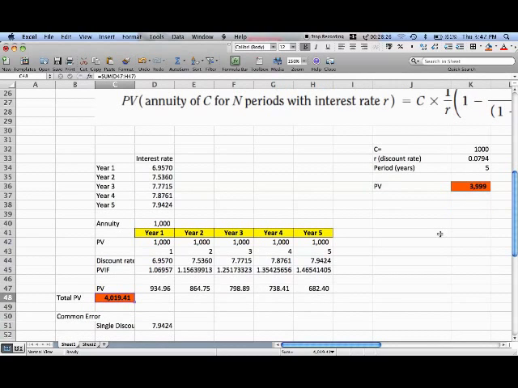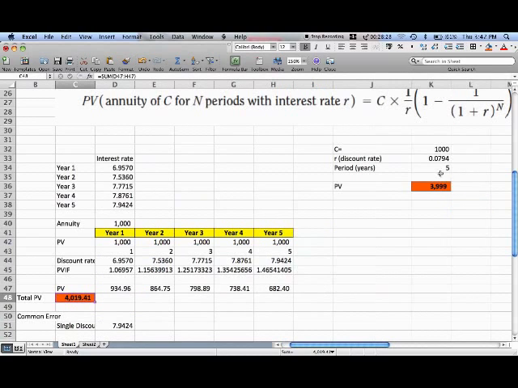Why? Because the discount rate we use here is not right. We just use one single rate, and this one single rate is not correct, though the investment horizon is 5 years.